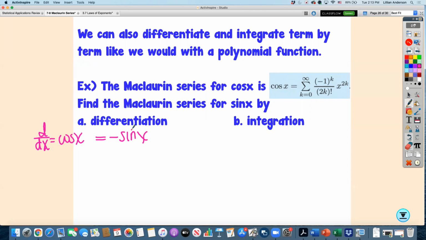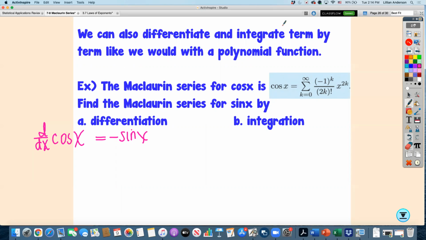Sorry, I messed up something. Since we know the derivative of cosine x is equal to a negative sine x, and sorry, I messed up on my notation here.